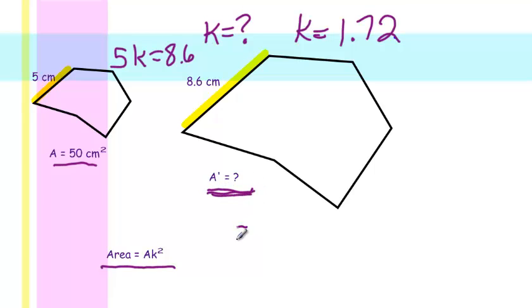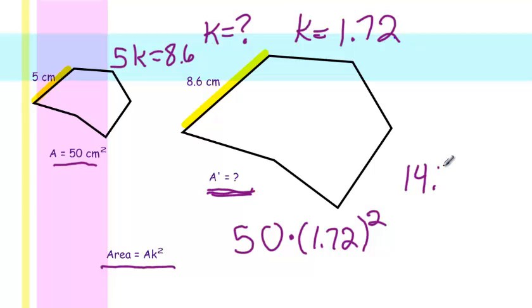All I have to do is the 50 square centimeters from the original shape times 1.72 squared. Order of operations says to square your 1.72 first and then times it by your 50. So the new area is 147.92 square centimeters.